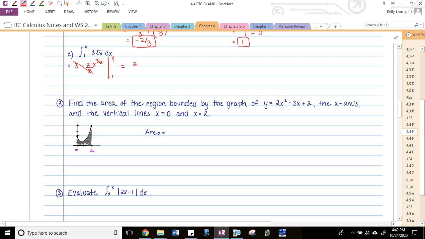I would change it to its root form. 4 to the 3 over 2 is square root of 4, and then you cube it. And there's no plus or minus because we didn't square root both sides. It's already in there. Minus 2 times 1 to the 3/2, which doesn't matter. So 2 to the 3rd is 8. 2 times 8 is 16 minus 2. So that net area is 14.